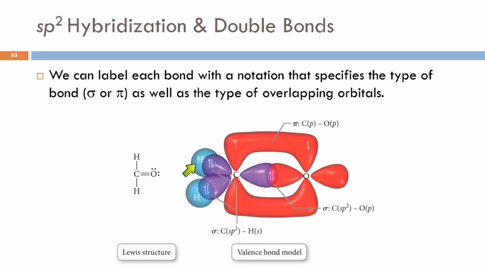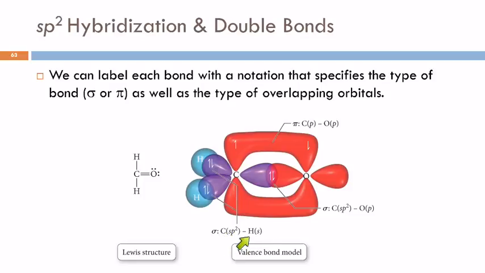When we look at the bond here between the hydrogen and the carbon, the s orbitals can only form sigma bonds. They can't do that side-to-side overlap because they're a sphere. So this is going to have to be a sigma bond, and it's an overlap between the carbon's sp2 hybridized orbital with the hydrogen's s orbital.